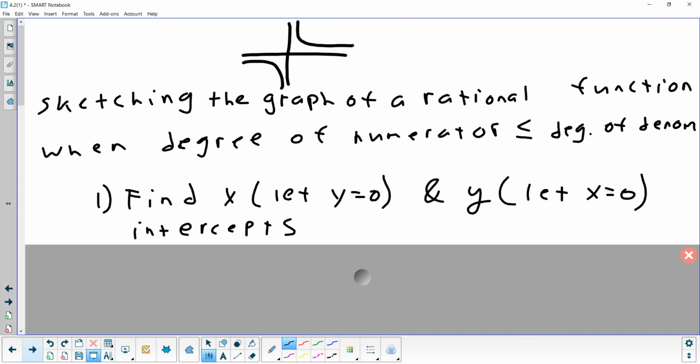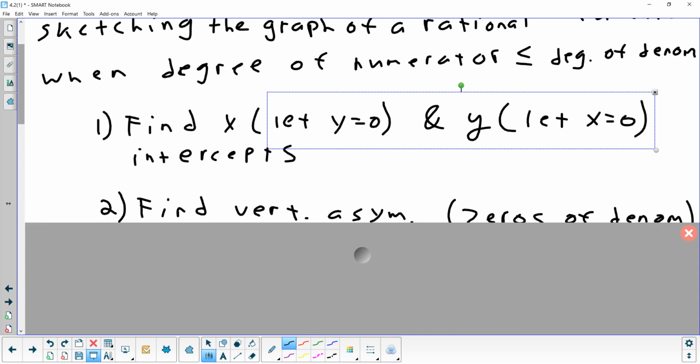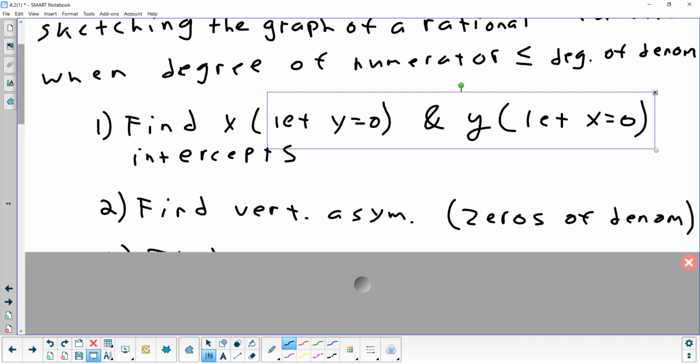To find the x-intercept, you let y equal 0. To find the y-intercept, you let x equal 0. That's just how it works. Next thing we want to try to find are vertical asymptotes. Remember, as long as you don't have any common factors, the vertical asymptotes are the zeros of the denominator.